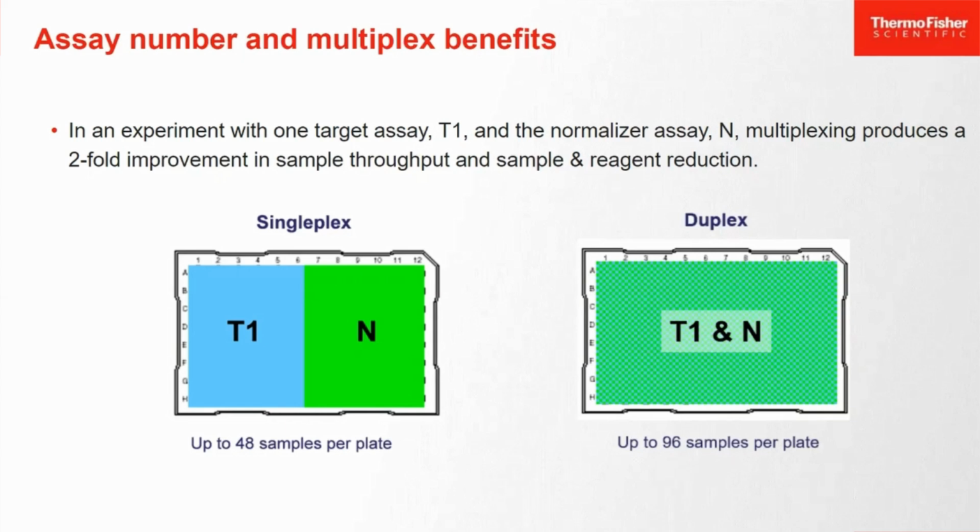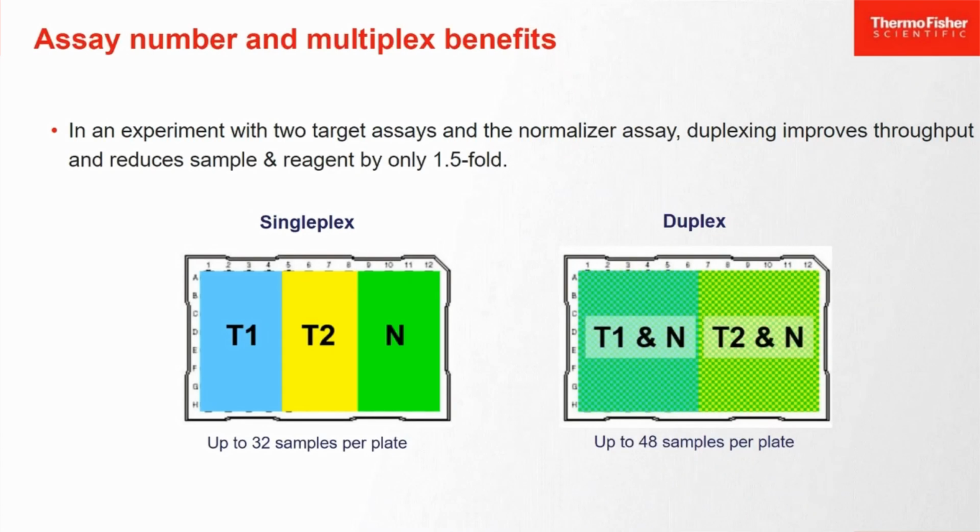Let's start out with a singleplex experiment. We've got one target, I'll call it T1, and the normalizer, which I'll designate with an N. In singleplex, with a 96 well plate illustrated on the left, I could theoretically run up to 48 samples per plate. But if I duplexed that, I could now run up to 96 samples per plate. So I've doubled my throughput, which is, I think, significant.